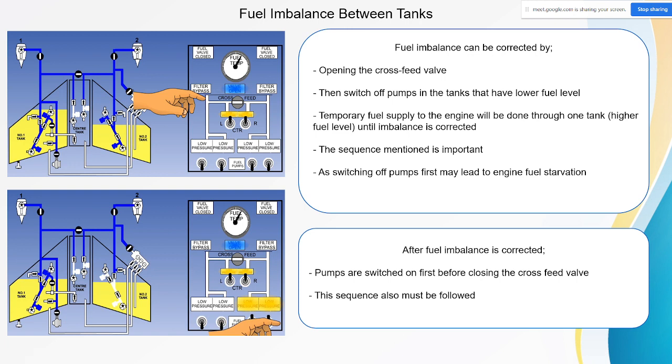Because it's a simple operation, just turning off the pumps and also opening the crossfeed valve until the imbalance is corrected. Then you can operate like usual, like normal.